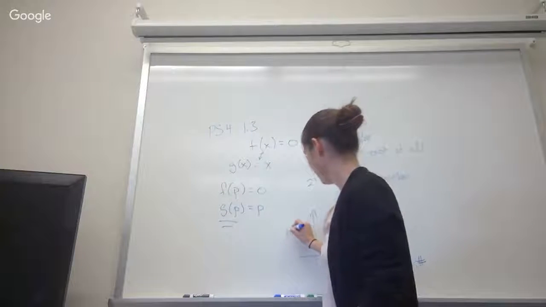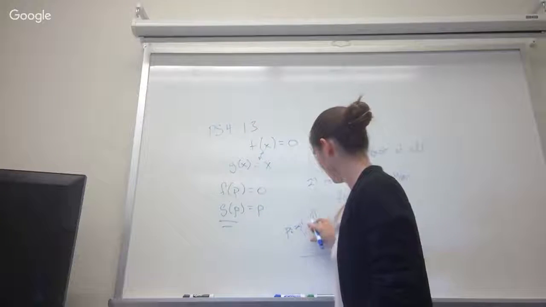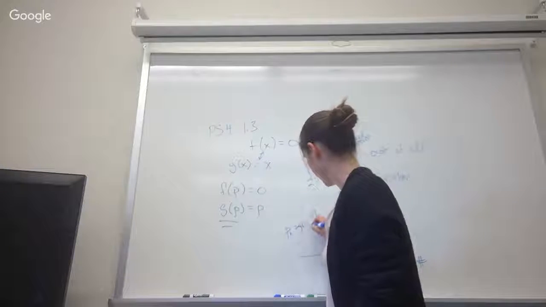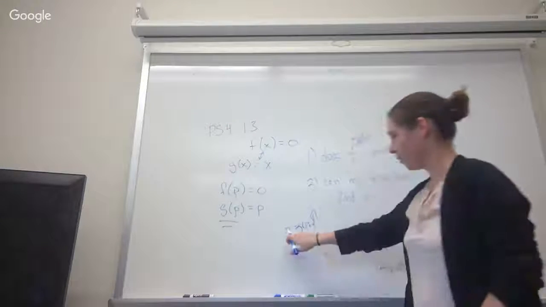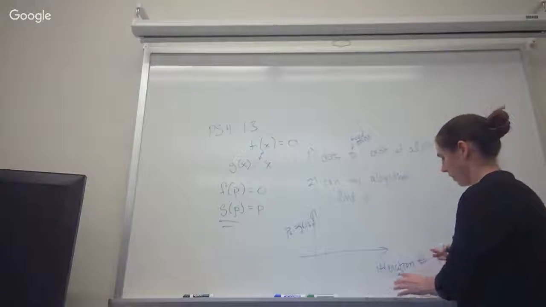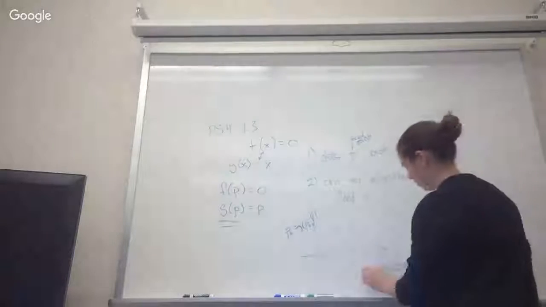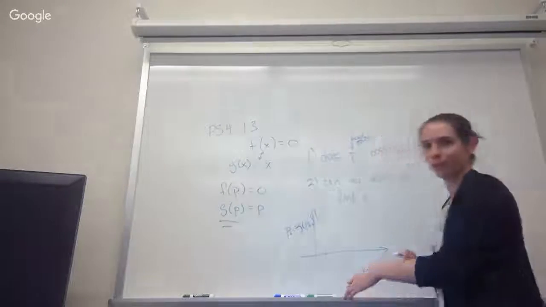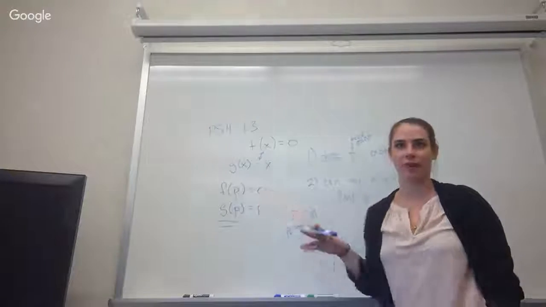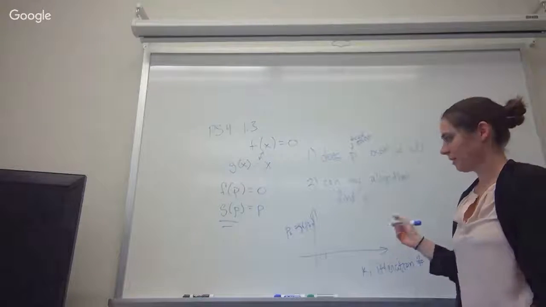Let's call it p sub k, or was I using k for most of these? So this would be k, what iteration we're at, and this would be the value that you get out of g at that iteration.